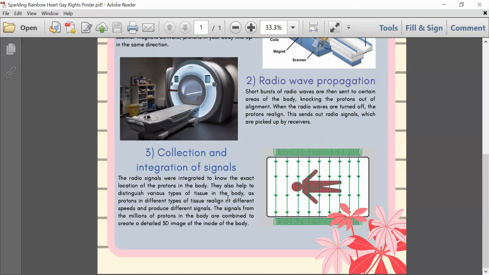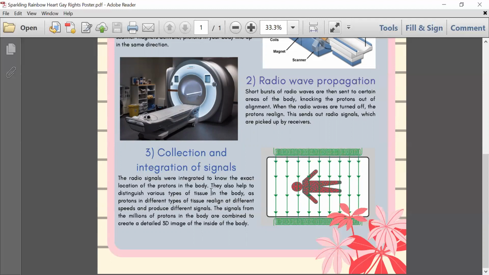All these kinds of atoms have different magnitudes of realignment according to the magnetic field. Therefore, this difference causes a difference in time at which the re-emission of radio waves occurs. So we can use this lag of time, or difference in duration, before the radio waves re-emit to know the different types of body tissue.